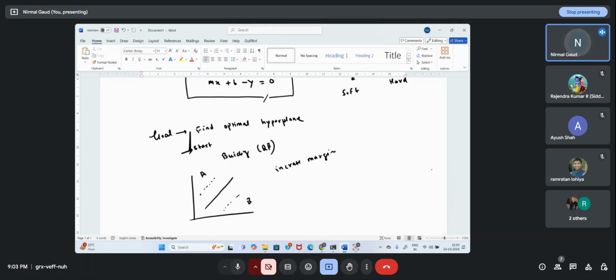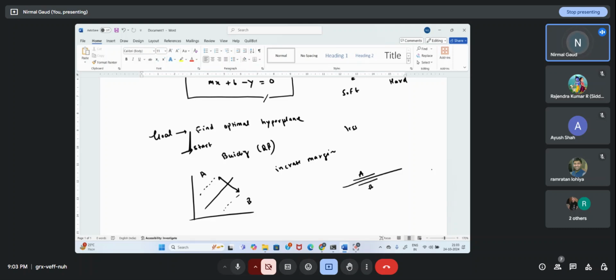If my margin is less, then class A and class B are closer. And if margin is more, class A and class B are clearly separated.